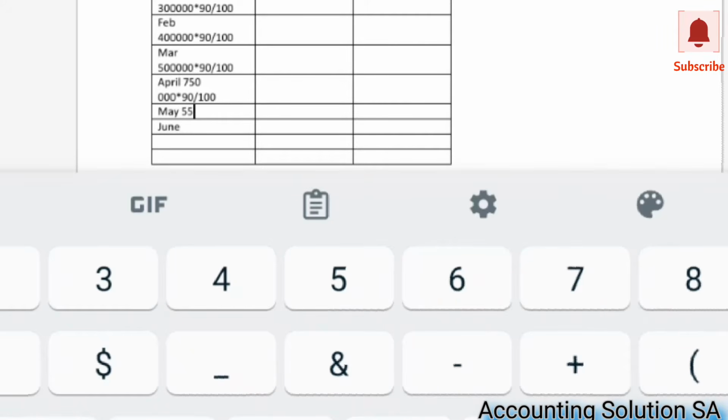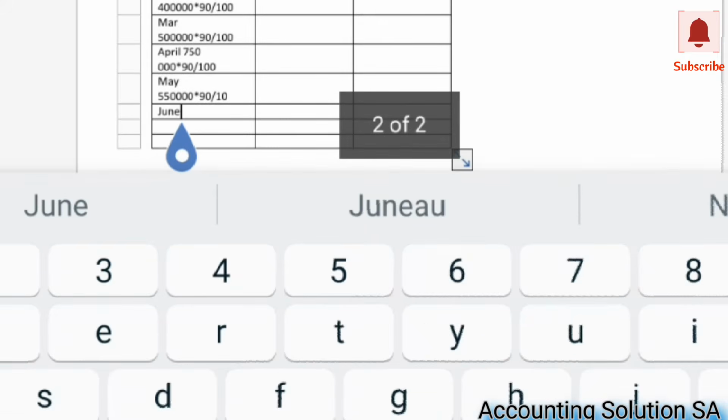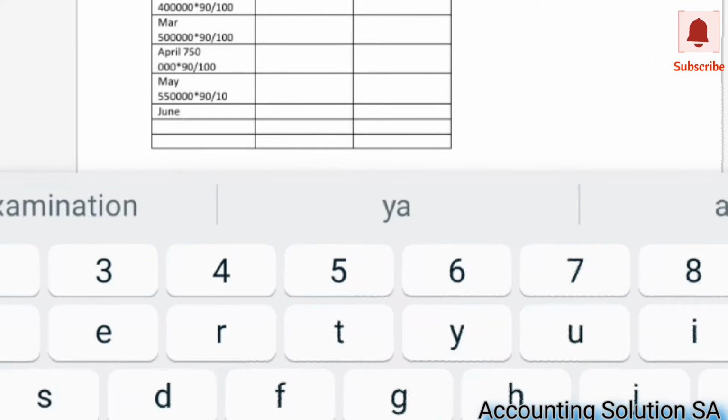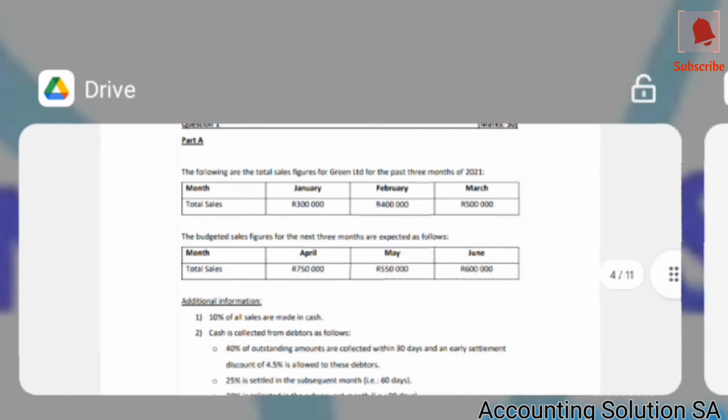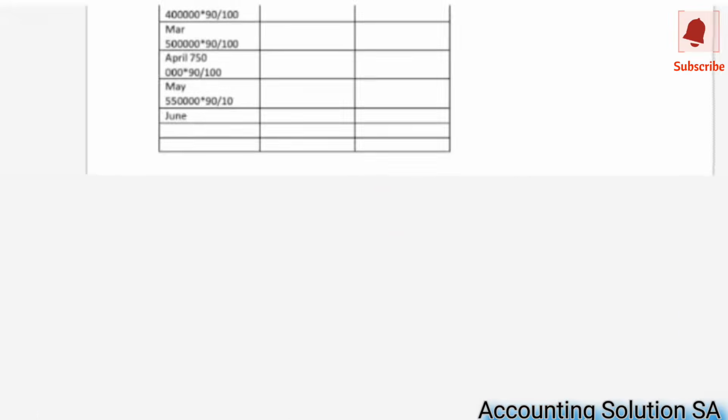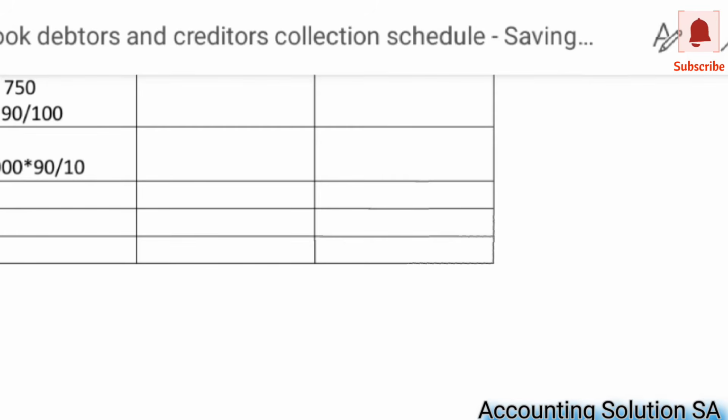Here is 550, we multiply by 90%. And the last one, let's check, is 600.